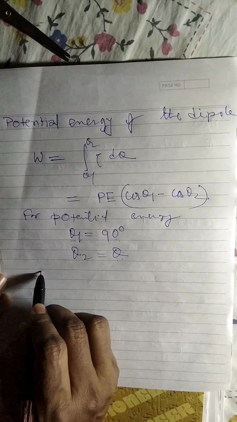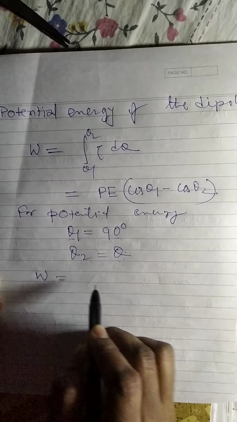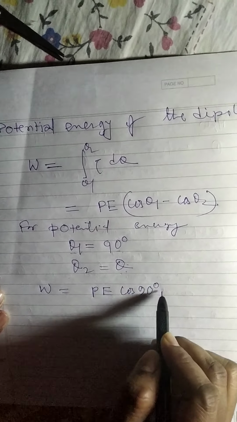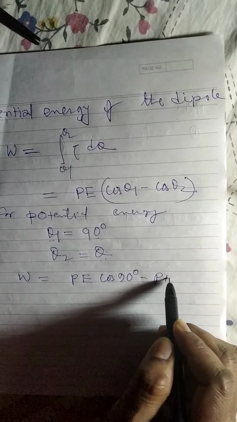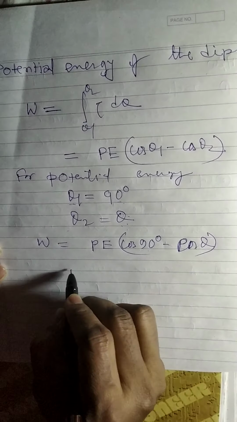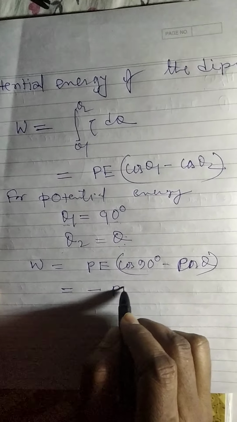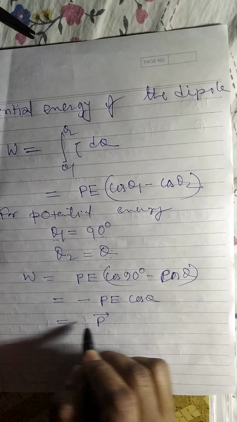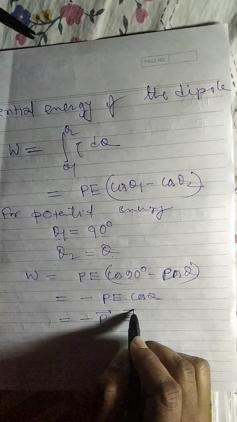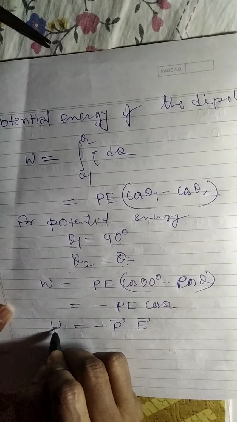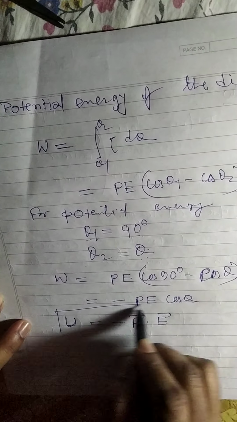Then this work done will be equal to P E times cos 90 degrees minus cos theta. This gives minus P E cos theta, that is equal to minus P dot E, and this work done is equal to the energy possessed by the dipole.